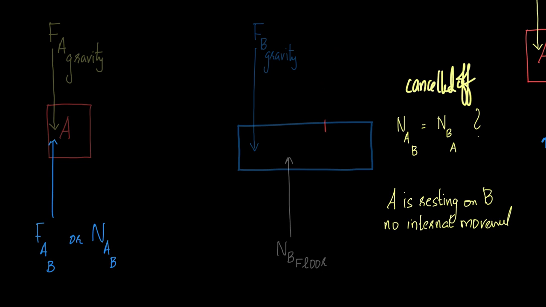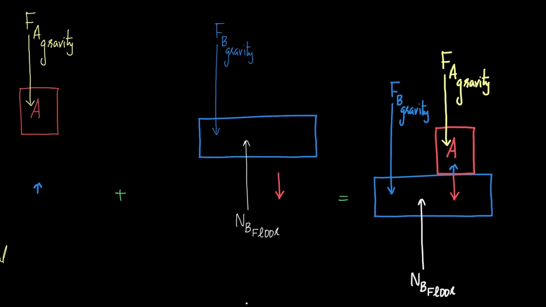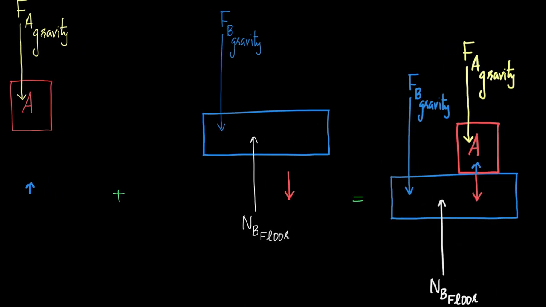We just remove them from the system, which leaves us with only three forces: one, two, and three. So the whole free body diagram can now be drawn like this. It doesn't mean that there is no normal reaction acting here. There are, but those two forces get cancelled off.